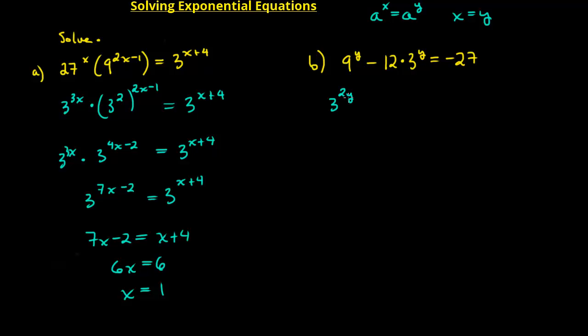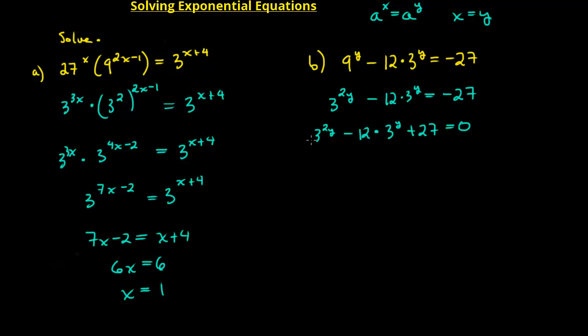So here I've got 3 to the power of 2y minus 12 times 3 to the power of y, and that should be equal to minus 27. Now, if I rewrite this equation, I can write it as 3 to the power of 2y minus 12 times 3 to the power of y plus 27 is equal to 0.